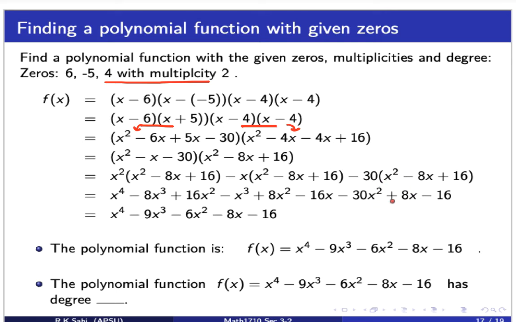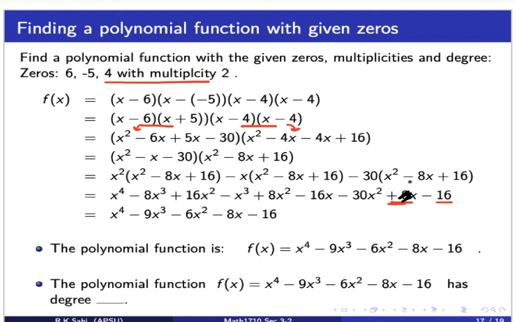Oh, a mistake, guys. It should be 30 times 8 and 30 times 16. So I will just quickly change the numbers here. What is 30 times 8? So you're going to have 240. So let's remove this.